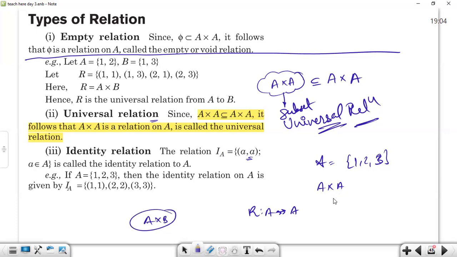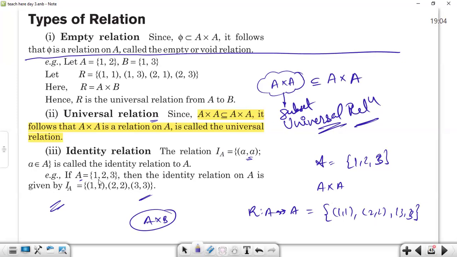Now A cross A will be considered. If this relation includes only the elements 1, 1, 2, 2, and 3, 3, only these three elements, then it is going to be an identity relation.